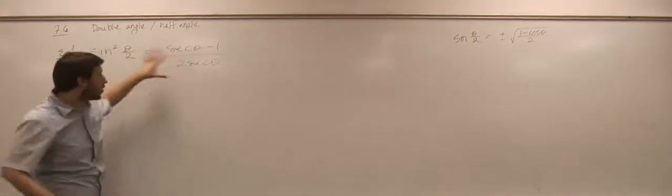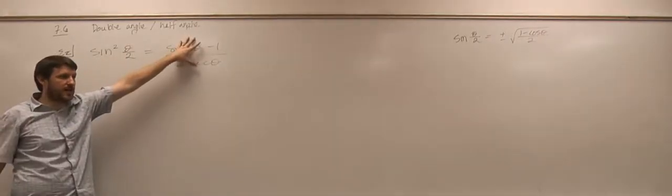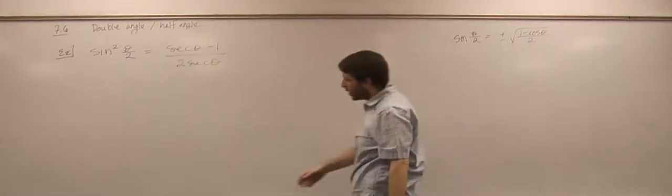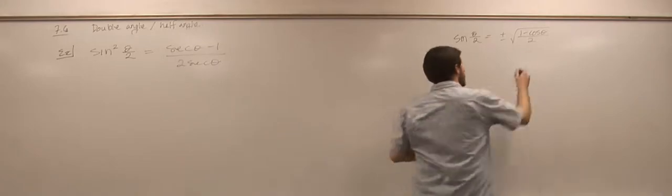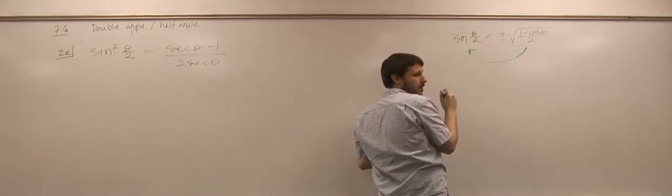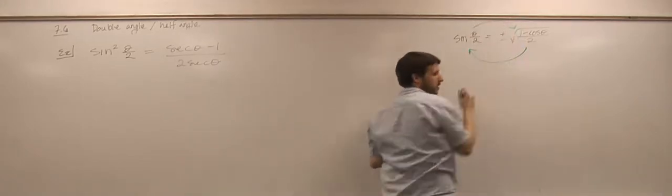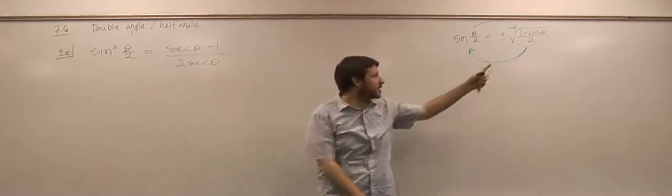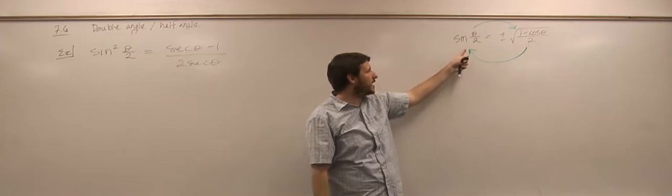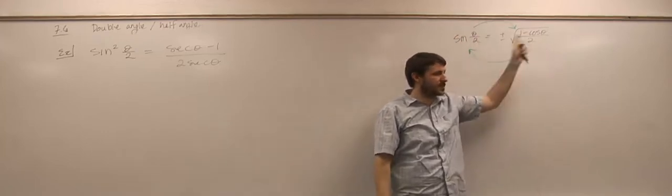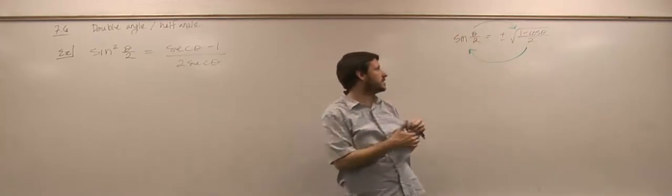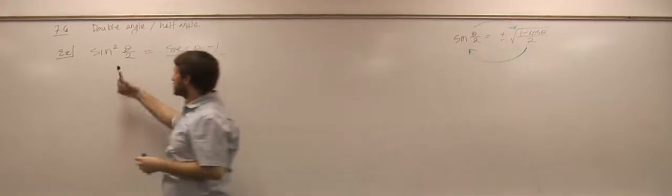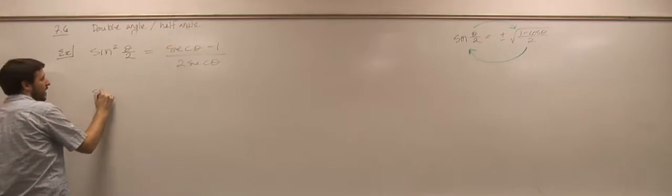You can really go either way. If you really wanted to start on this side, it wouldn't hurt you. But at the end of the day, you're either going to have to use this identity to go this way or to go this way. If you start on the right side, you're going to have to apply the identity this way. And if you start on the left side, you'll apply the identity this way. So it's just up to you which one seems easier. I like going this way. So let's try starting on the left.